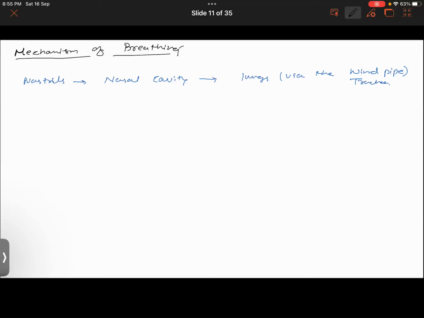So here you see, it is present in the chest cavity region of the person's body, somewhat like this. Further, you see our lungs act as a bag or sac.